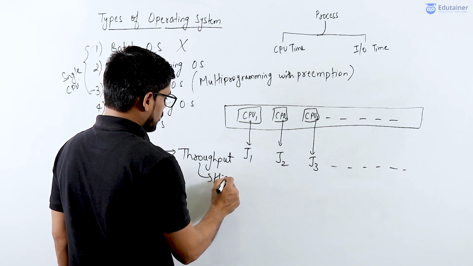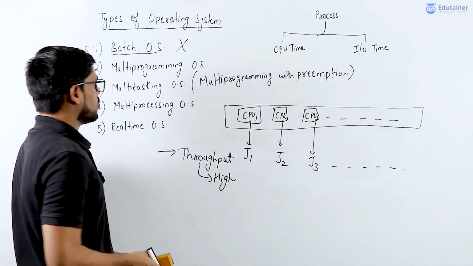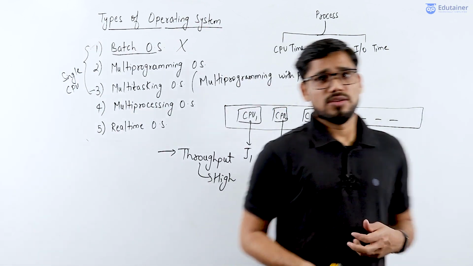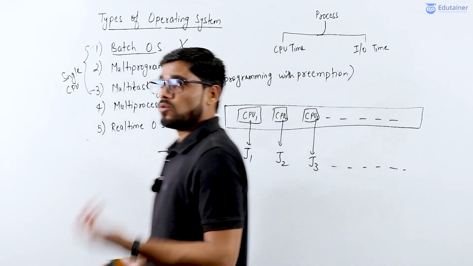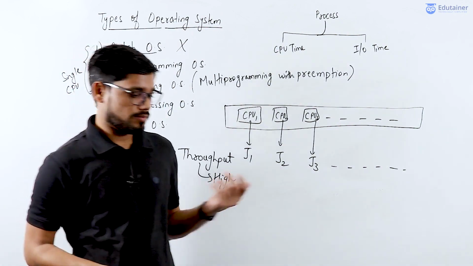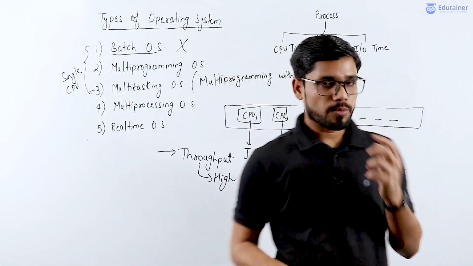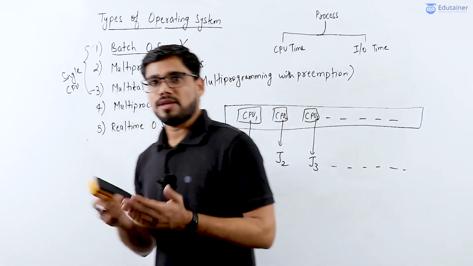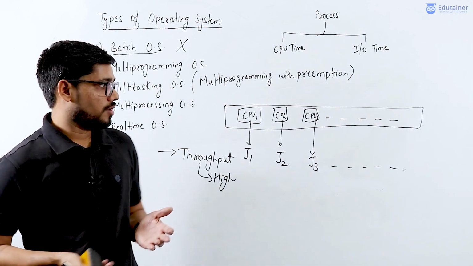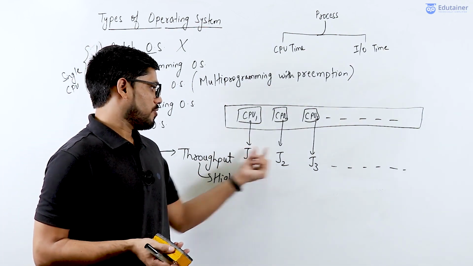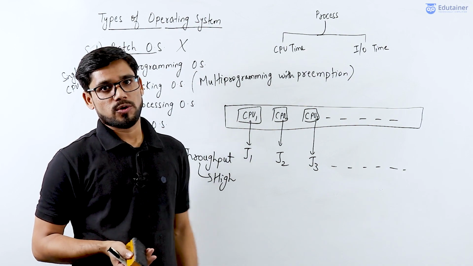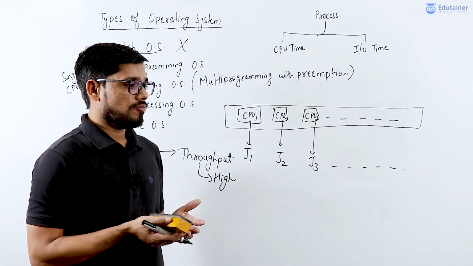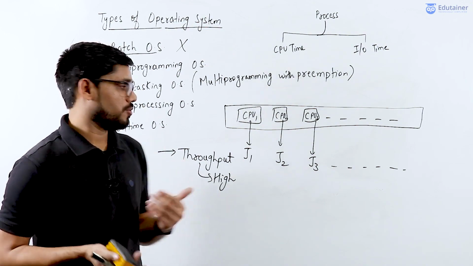That's why these days you hear quad core, octa core. Quad core means 4 CPUs, octa core means 8 CPUs. So there are many processors or many CPUs which will do different jobs simultaneously, and because of that the number of jobs finished per unit time is high.